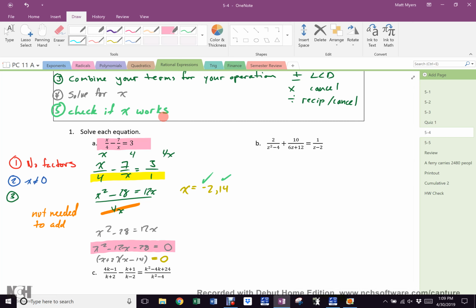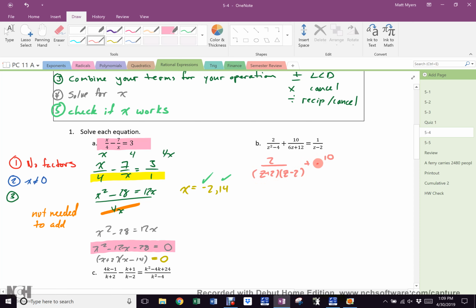The first thing we should do is simplify by factoring. Is there any factoring to be done here? Yeah, there is. 2 over what? Z plus 2, Z minus 2.